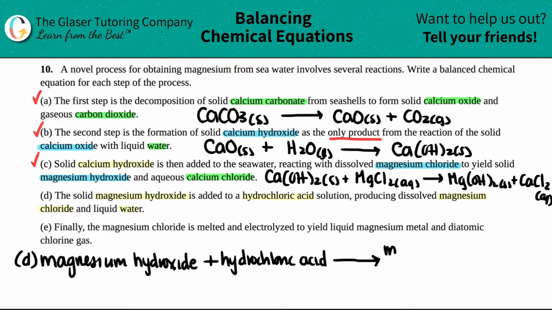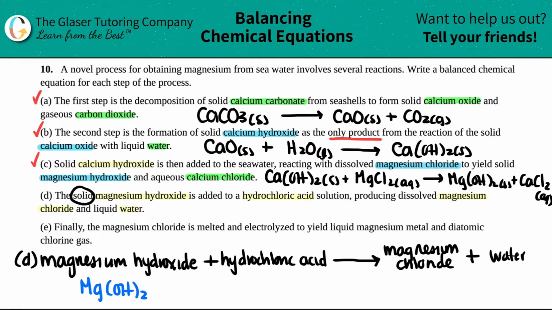Magnesium chloride, and liquid water. Okay, so we did the magnesium hydroxide from before. That was Mg(OH)2. And the magnesium hydroxide, they said, was a solid. So S.